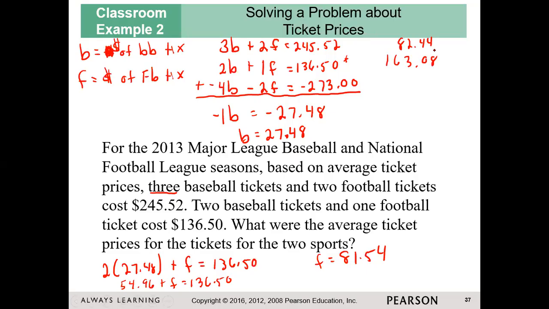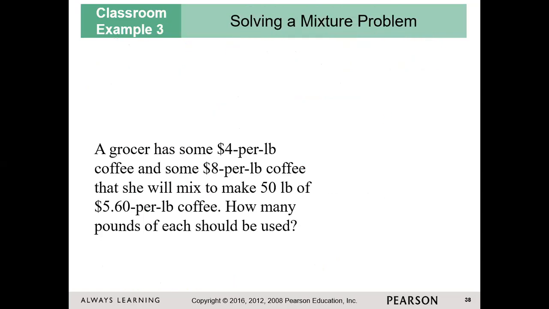And if you add those two values together, you get $245.52. So everything checks out exactly the way that it should have, and we are good to go.